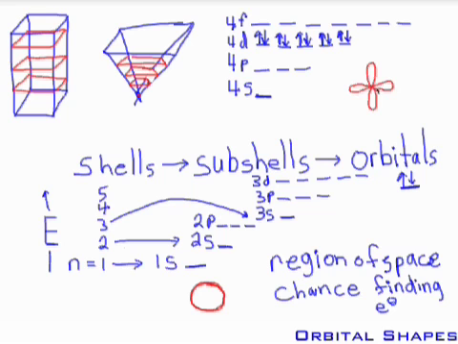And one would be coming out towards you along the z-axis. And each one of these 2 lobes would be a single 2p: one along the y, one along the x, and one along the z. When we get to D and F, we start getting weird and wonderful shapes. And they become more complicated, but we don't need to go there at this point.